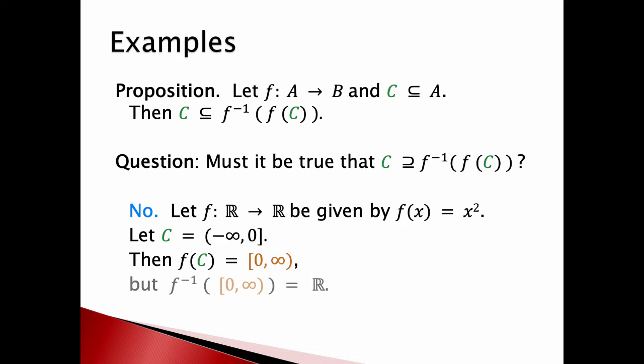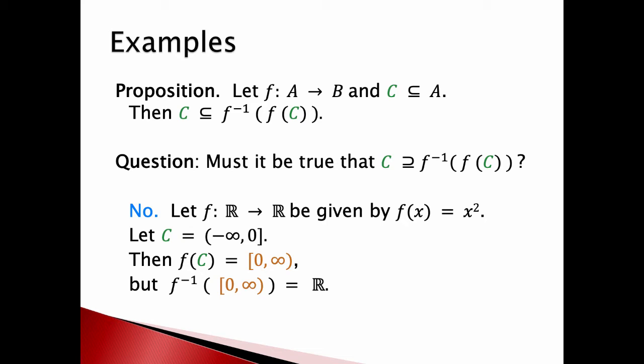But what's the inverse image of all those positive numbers? In other words, what's the pre-image of the set of positive numbers? That's R, because every positive number, like, think about 4, has two numbers that got mapped onto 4 by x squared, 2 and negative 2.